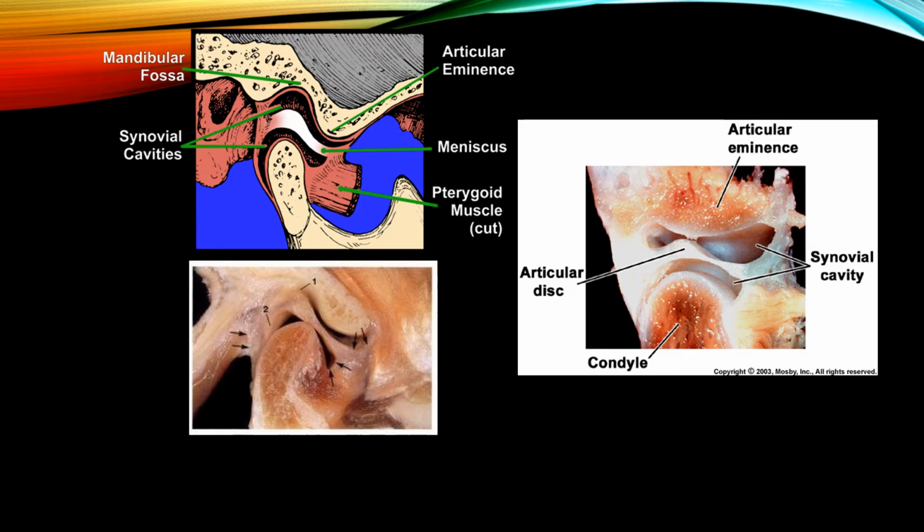So the articular disc, in terms of its function, is divided into three parts. Here I will try to highlight it. These three parts are the anterior part here, then the intermediate part, and then the posterior part.